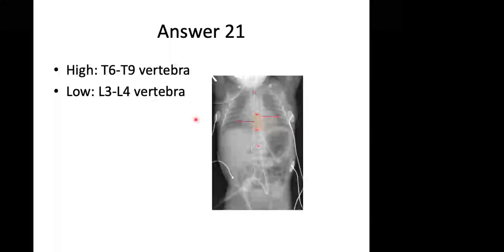So anything between L3 to L4, lower down close to the kidneys, is the low position UAC, and high position is T6 to T9. So one should not go beyond T5, and classically we should avoid T12 to L2 because there you have origin of major organs like kidneys involved. So ideal position is T6 to T9, higher UAC is preferred.